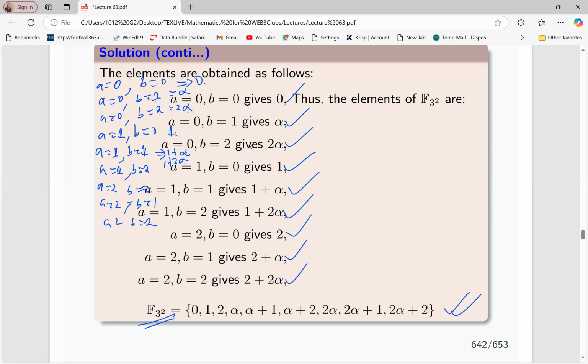What is interesting is that this field extension also forms a field. In other words, when we add any two of these elements, you get a member of this set. And when you multiply them, again, you get a member of this set. Adding them is very easy. What is interesting is how you multiply.